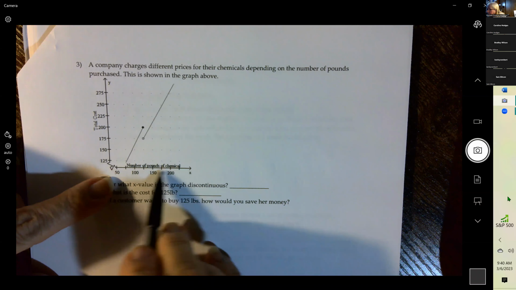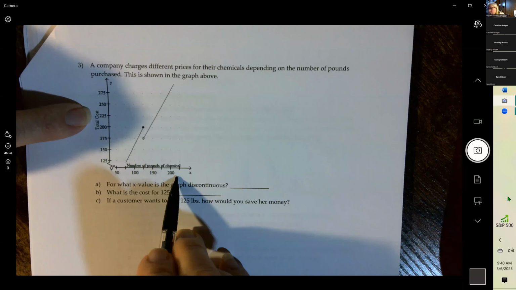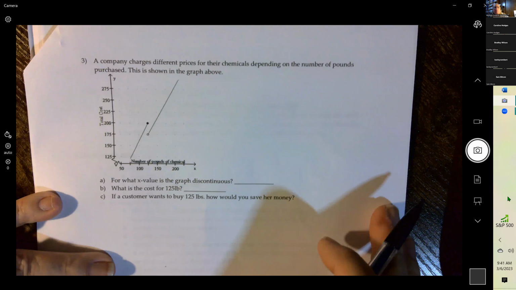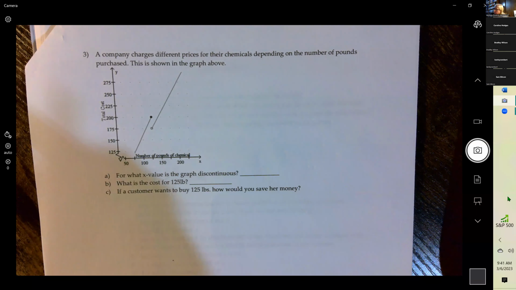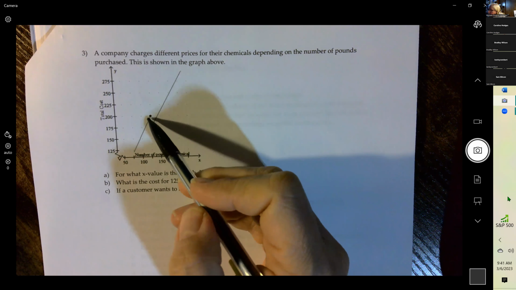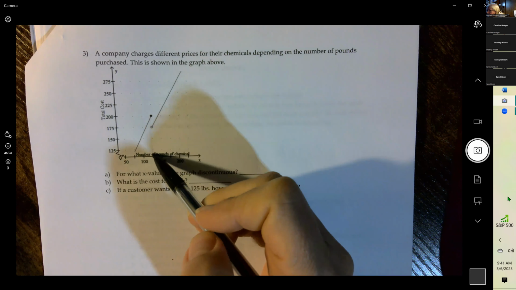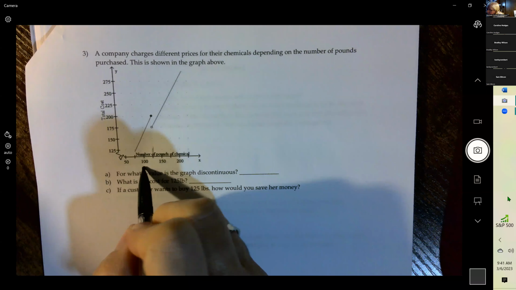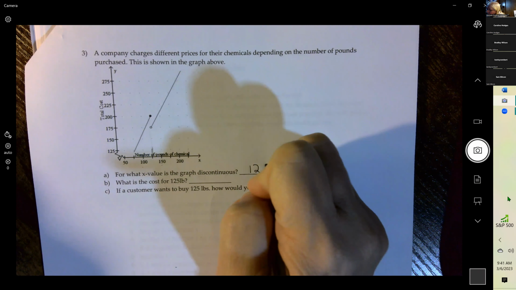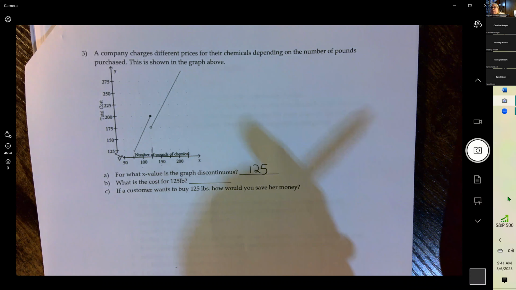Number of pounds per chemical is here and total cost is here. For what X value is the graph discontinuous? Well, if I trace, it's discontinuous right here. There's a drop. And that value is here. This is 100, 150, so 125. It is discontinuous at 125.